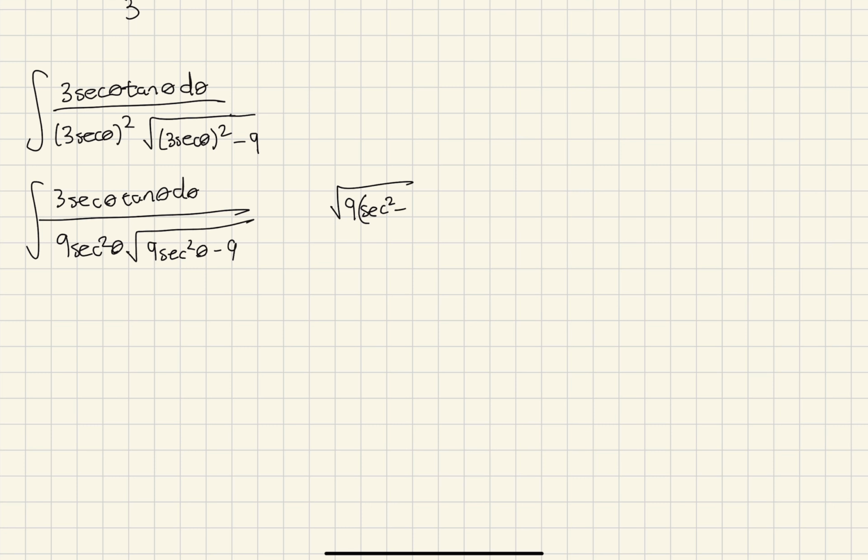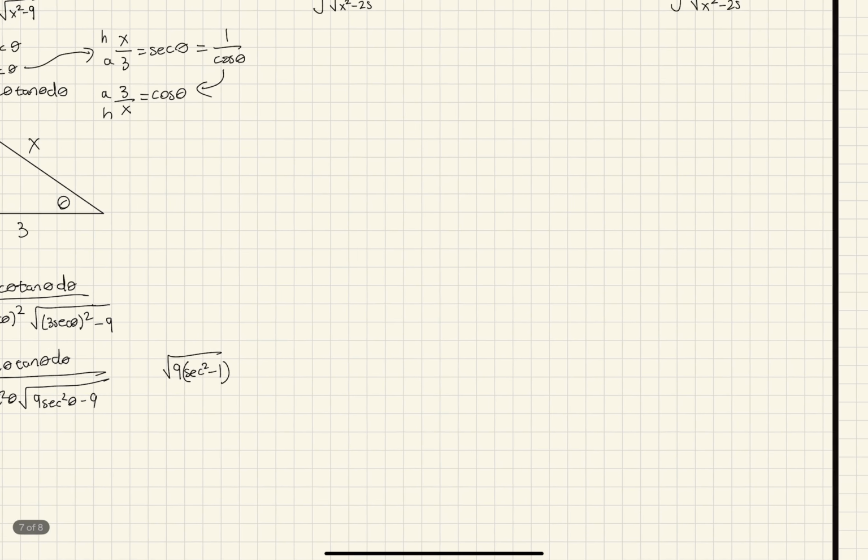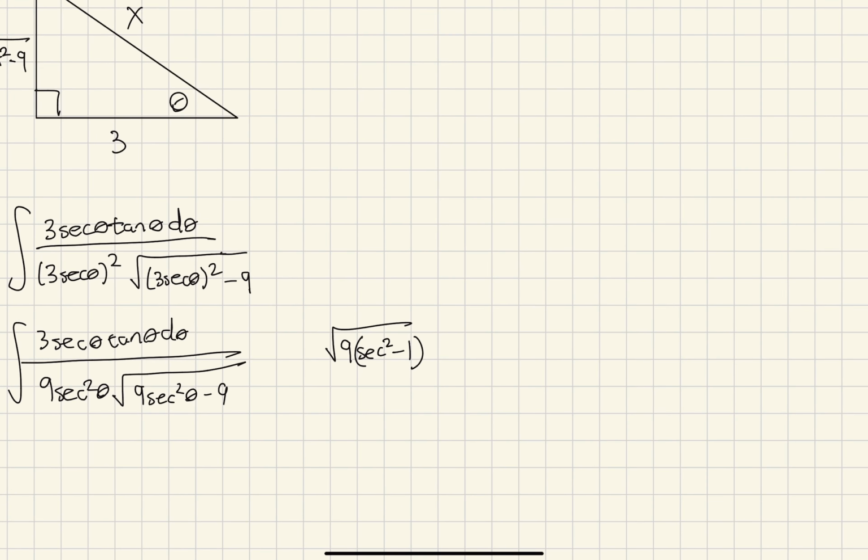We factored out the 9, but you might be asking, what exactly do we do with this? Well, if we go back to the trig identity, let's pull the more important one, sine squared plus cosine squared equals 1, because you can find basically any trig identity with this equation.